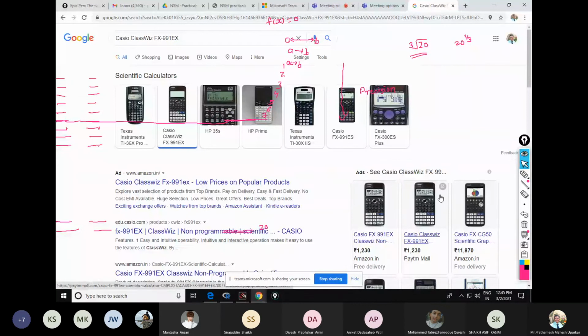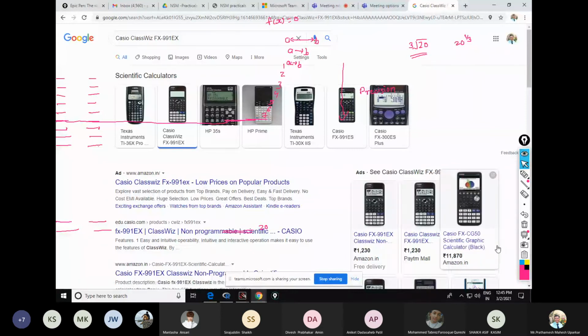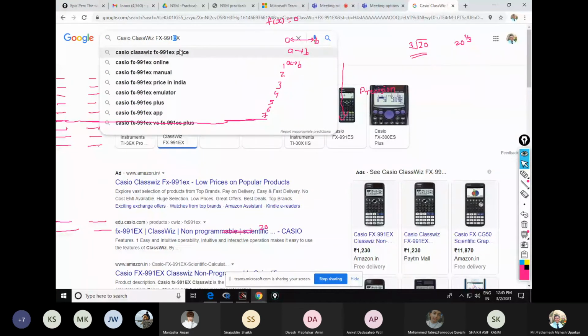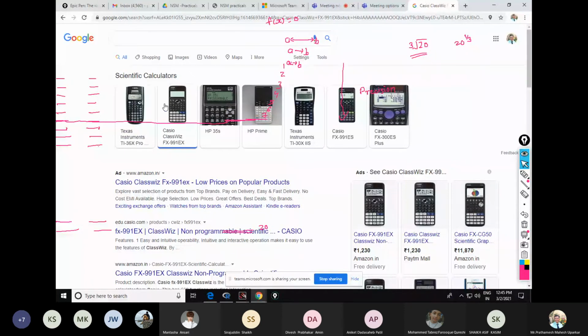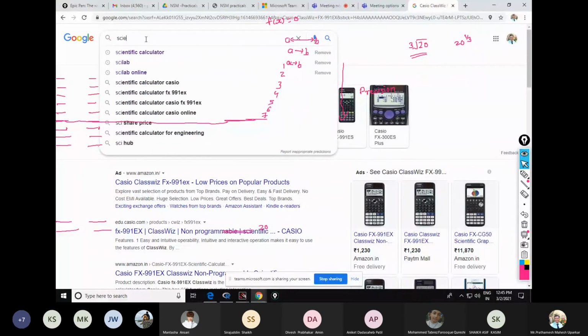Okay, Casio is a good brand. EX is a non-programmable scientific calculator that is allowed. If you go for MX, it is good enough. MX series is good enough, but you will get more functions in EX. So you have to use the scientific calculator for this calculation.